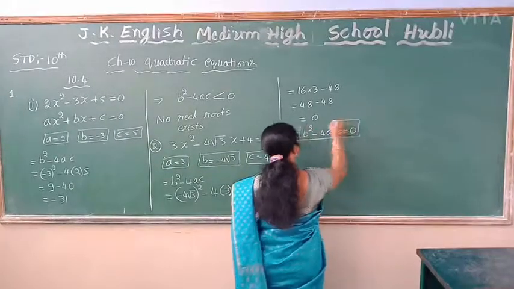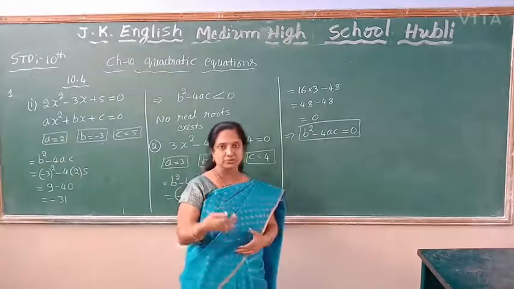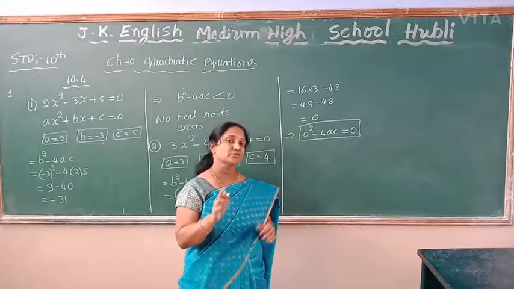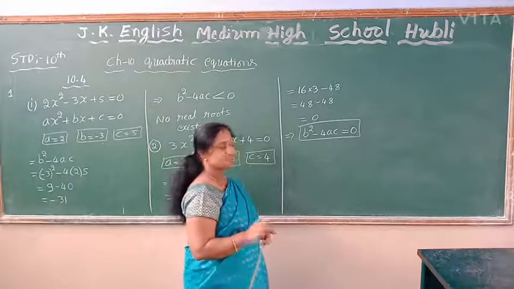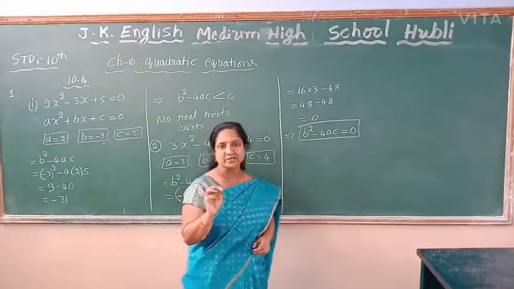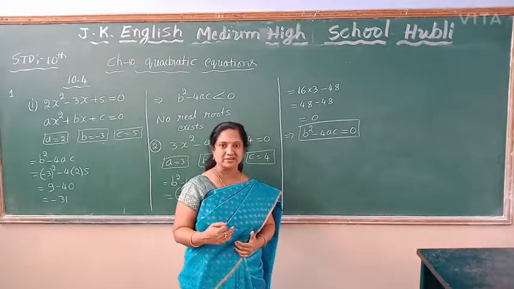If the value of b square minus 4ac is equal to 0, which type of roots are we going to get, children? We are going to get real roots that are equal. Equal real roots exist when the b square minus 4ac value is 0.